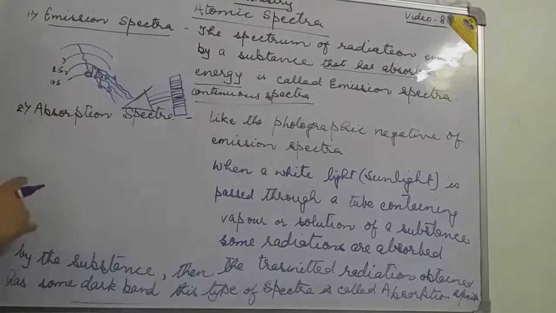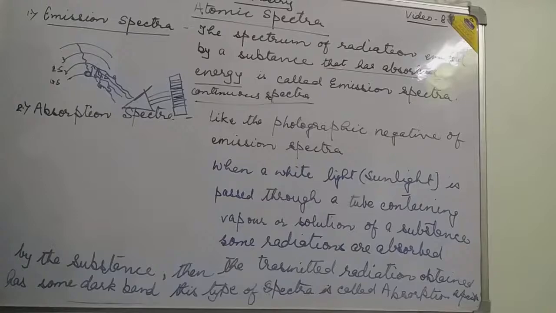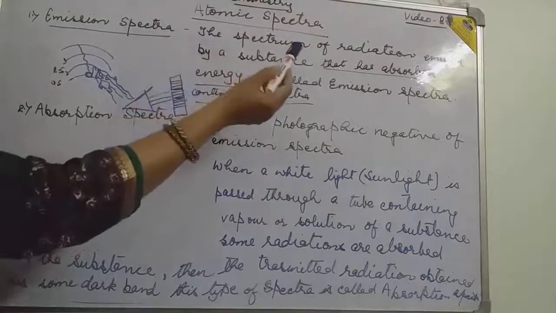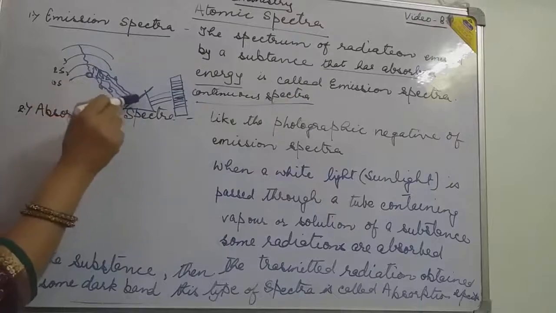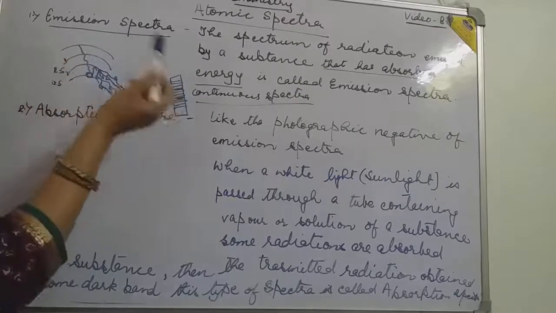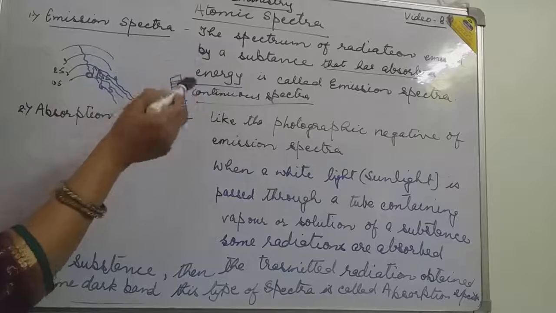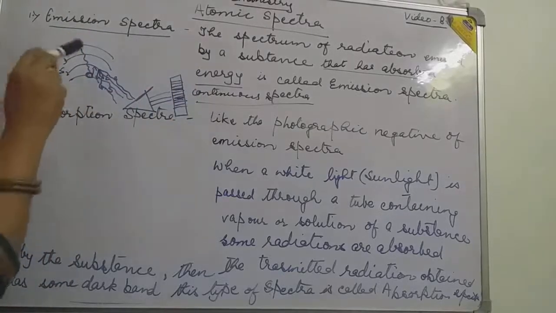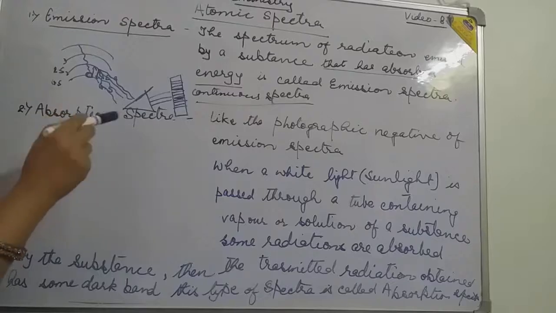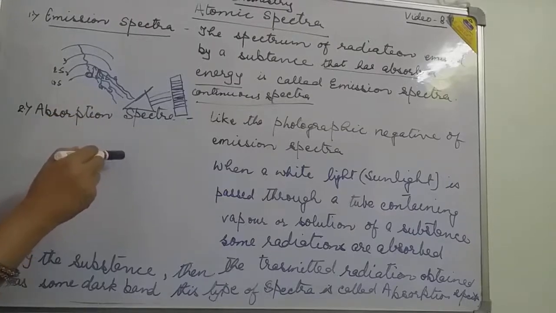These are the black bands present in the spectra. So the spectrum of radiation emitted by the substance that has absorbed energy, which already has some energy and radiates energy, this type of spectra is called emission spectra.